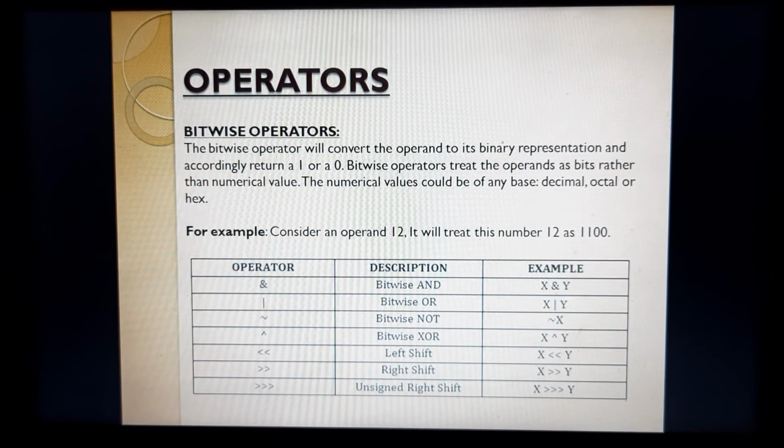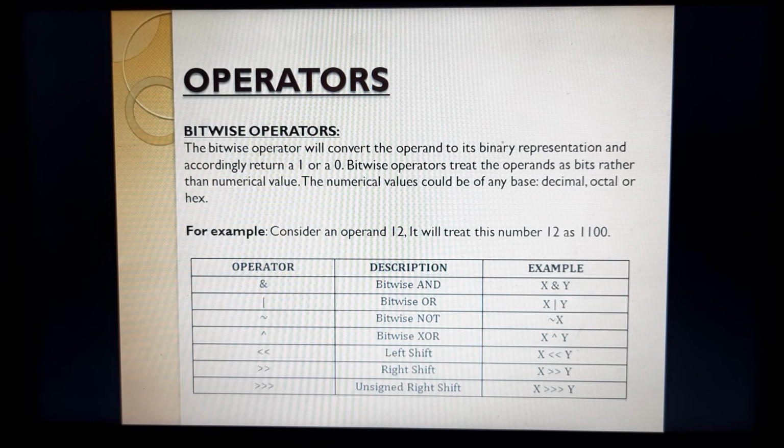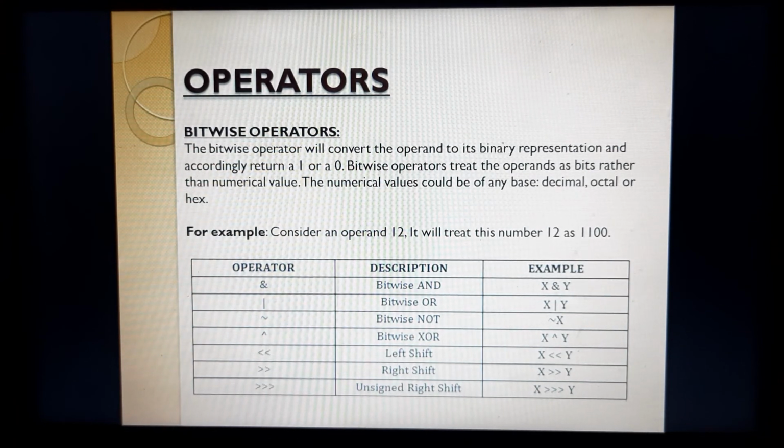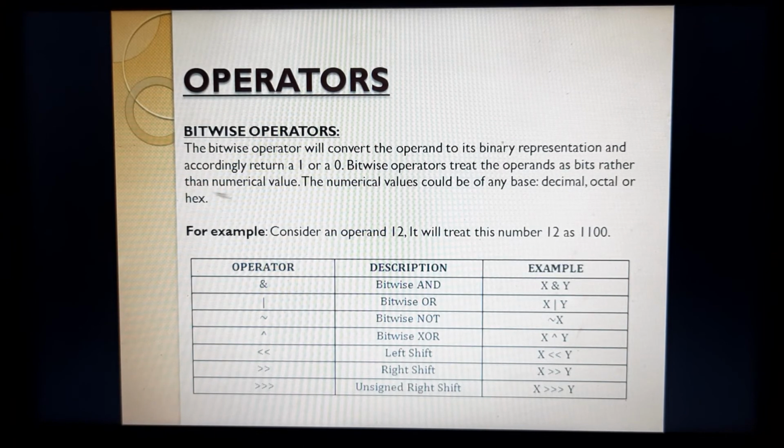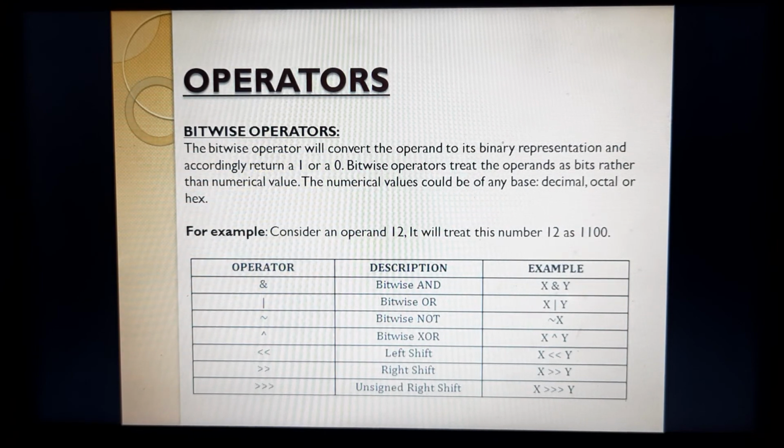It will treat this number 12 as 1100. Now 1100 is a binary value. So these are the bits of 12. If we store 12 in the x variable, the x bits are generated as 1100, and all these operators work on 1100 rather than 12.